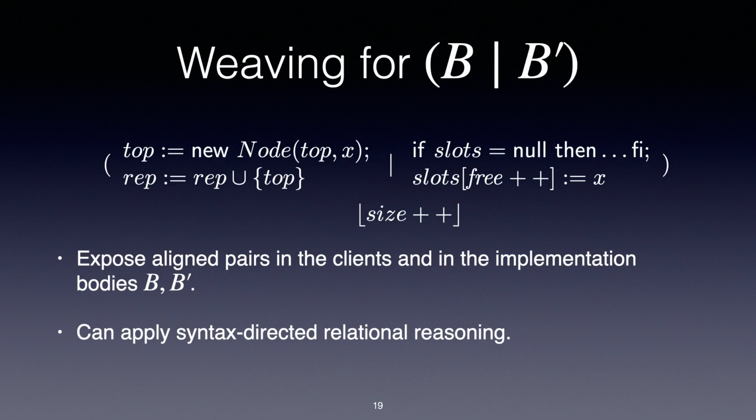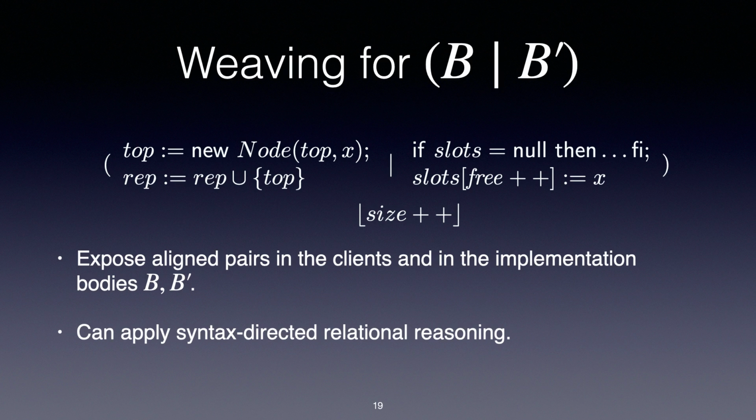So weaving for b split b dash, these are the two implementations, and this shows you something interesting because there are pieces of b and b dash that are completely different, right? So the first two commands are here, and the if then else, these are completely different. Okay, so these can be split, and what we expect for that split is that if in the beginning some relational formula holds, then at the end of the split some other relational formula will hold.